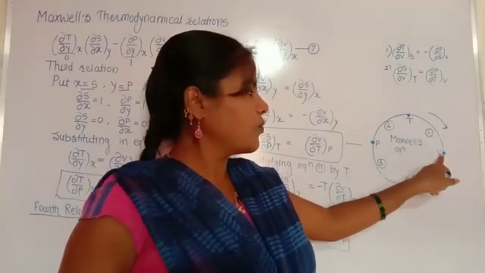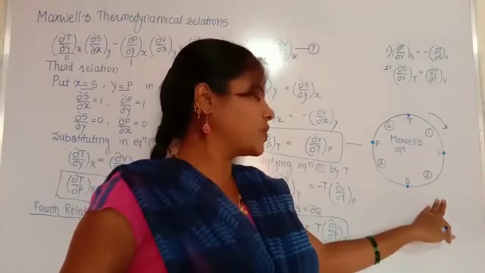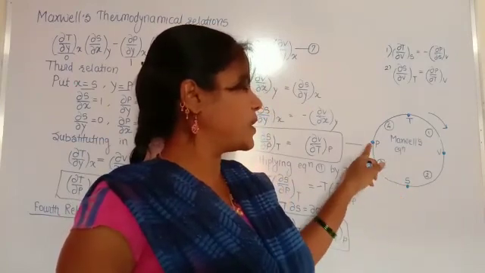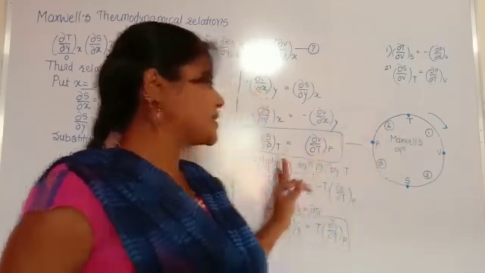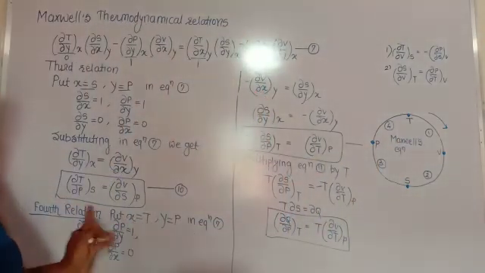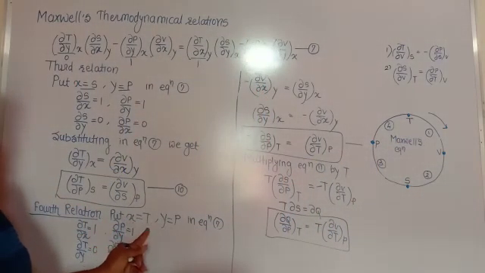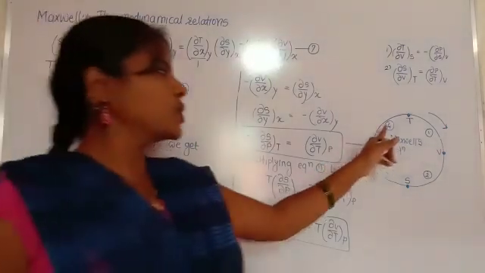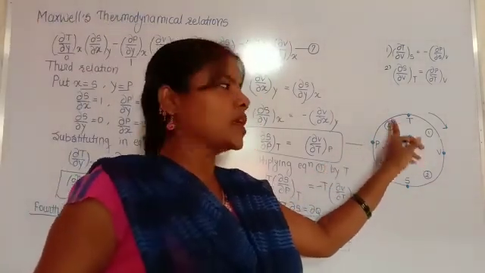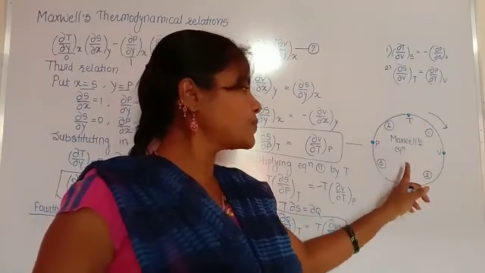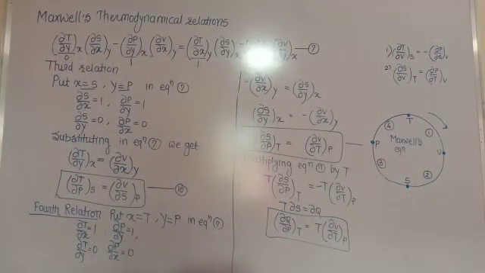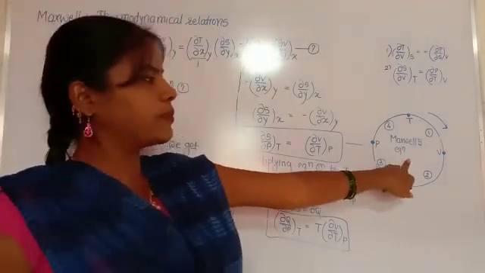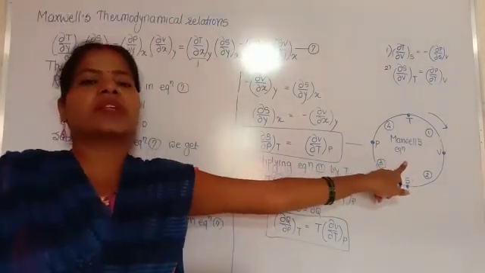The relation between V and S becomes the second Maxwell equation. The relation between S and P becomes the third equation, and the relation between P and T, that is the last equation which we calculated here, the fourth relation, where x is equal to T and y is equal to P. So this is the fourth Maxwell equation. So this is the idea to remember the Maxwell equations: which is the first equation, which is the second equation. By using this diagram, you can remember what the first relation is and what the second relation is.